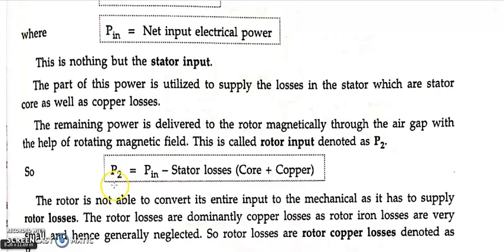P2 is the power input to the rotor. It is not that we are separately giving power to the rotor; whatever the stator input is, the same power is utilized to supply the rotor.